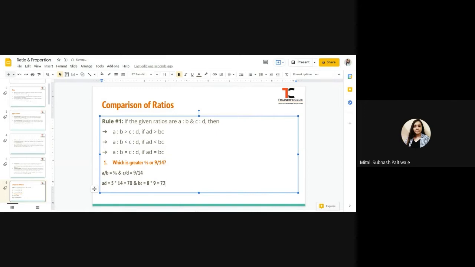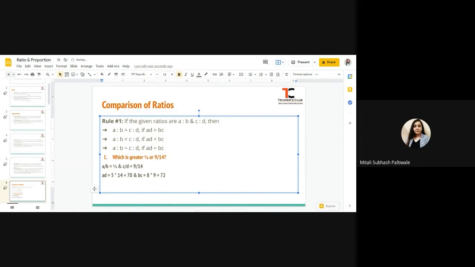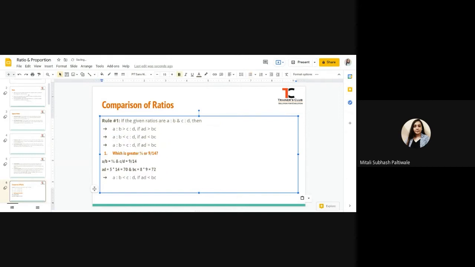Now what are we getting? We are getting BC greater than AD. So that means, I'll be just copying this and writing this down. And look at this.